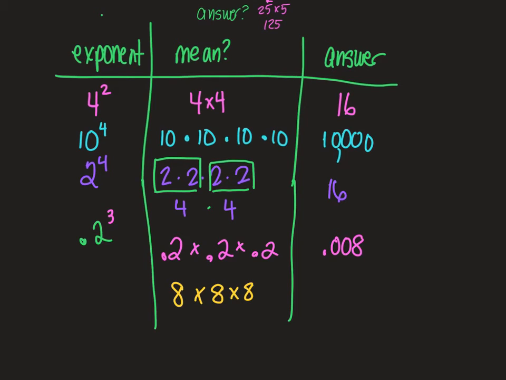Sometimes the textbook is going to give you the what does it mean. They're going to write it out as a product of numbers. They want to know the other two parts of this chart. If you see this, can you figure out the base and the exponent? If you see this, can you figure out the answer? Pause the video, try it, see what you get.